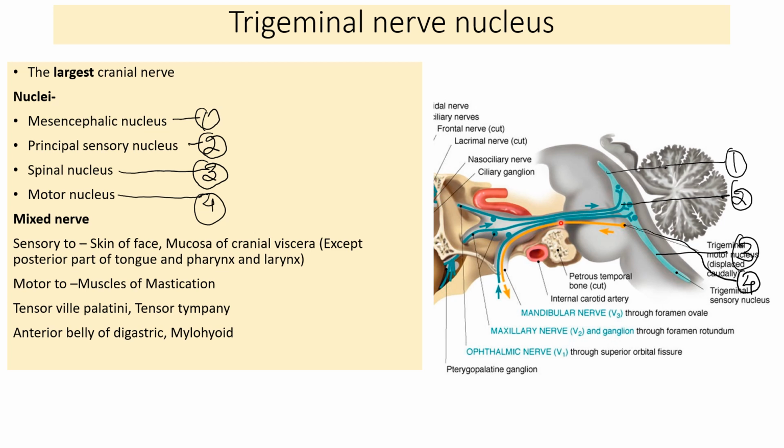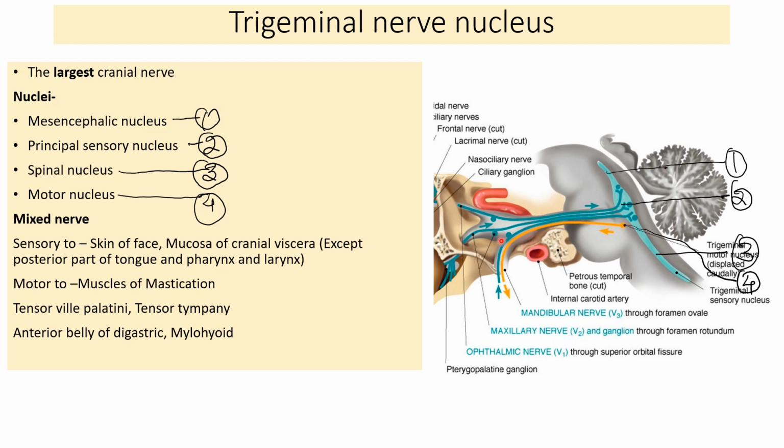Then the nerve crosses the superior border of the petrous temporal bone and rests in this concave depression, which is called the trigeminal impression, within the trigeminal cave or Meckel's cave. So these are the roots of the trigeminal nerve; this is sensory, the yellow one is motor.